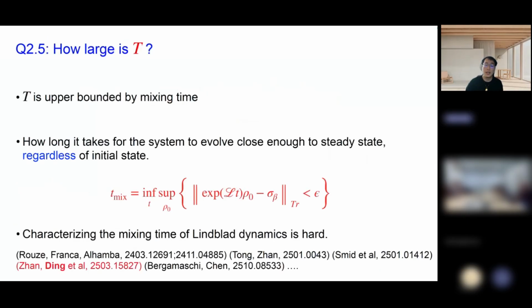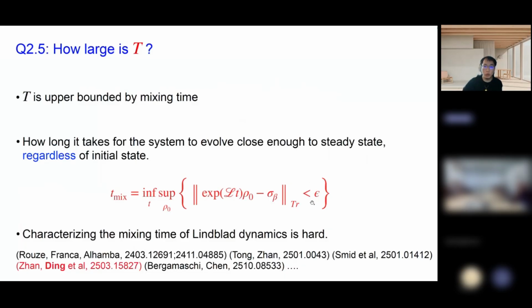Okay, so in fact, this is not a simple question to answer. Simply speaking, this capital T is upper bounded by the mixing time of my Lindblad dynamics, and the mixing time characterizes how long it takes for the solutions to evolve close enough to my fixed point. Basically here, if I define T mix in this way, I can guarantee that for any given initial state, if you evolve the Lindblad dynamics for time T mix, then the resulting state will be epsilon close to my target state.